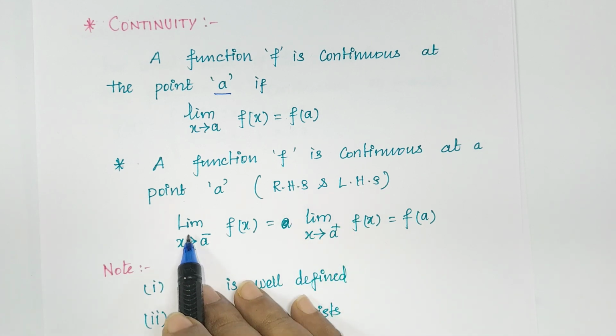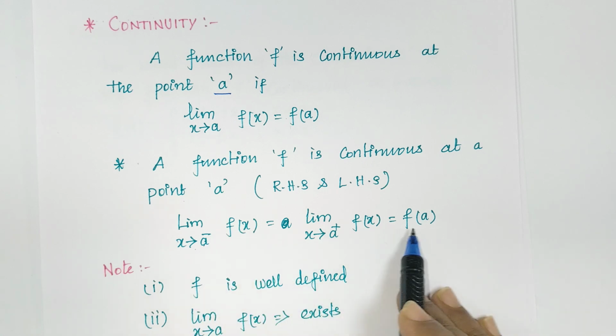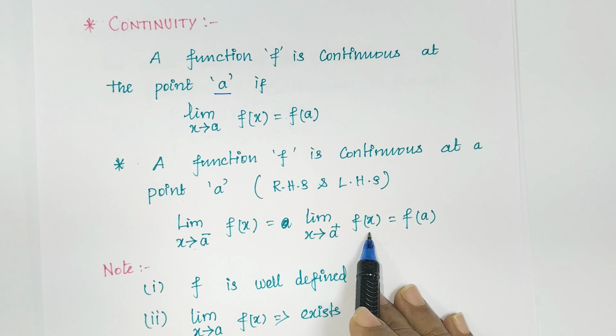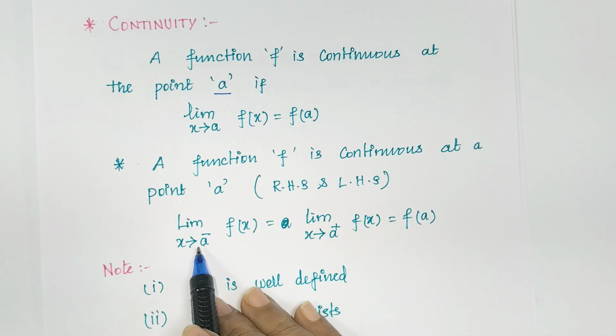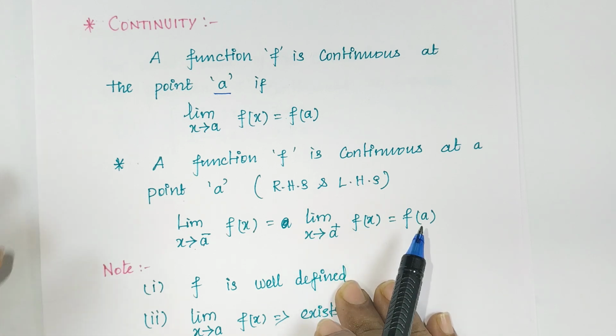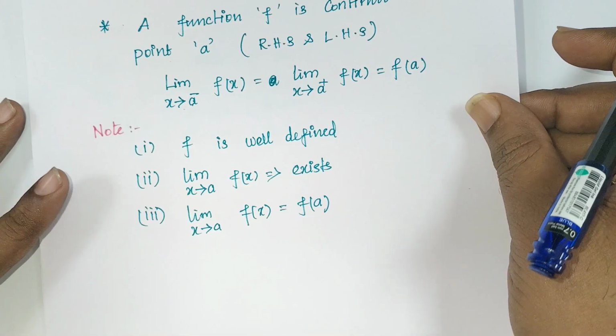On the left hand side, we write limit x tends to a minus f of x equals f of a. For the right hand side, limit x tends to a plus f of x equals f of a. When the left hand side and right hand side are both equal, we can say your function is continuous.